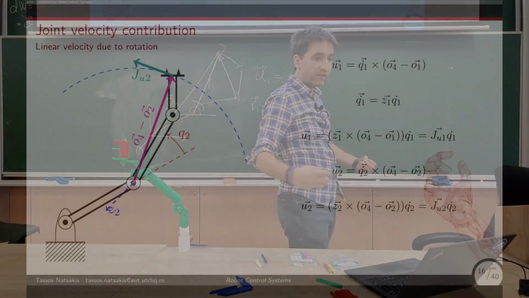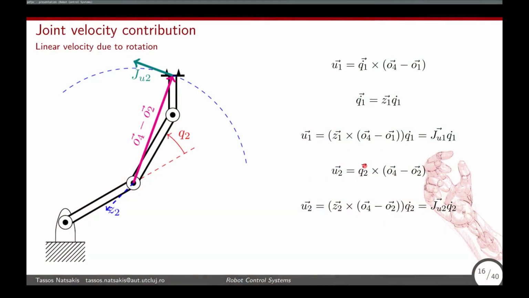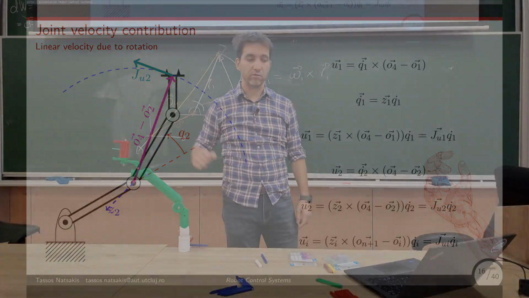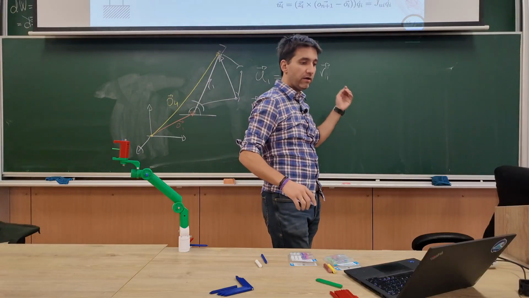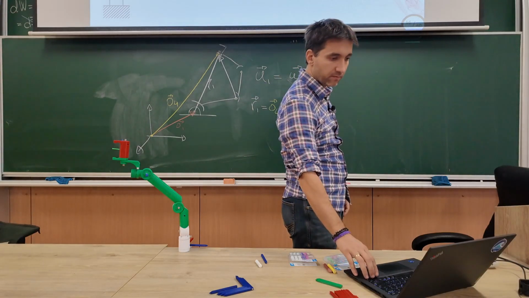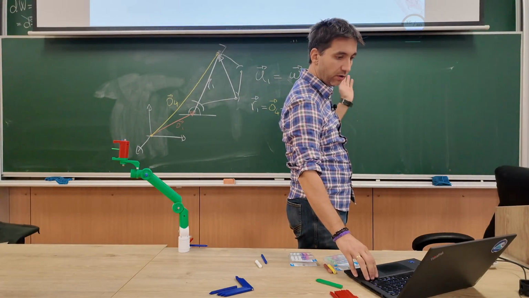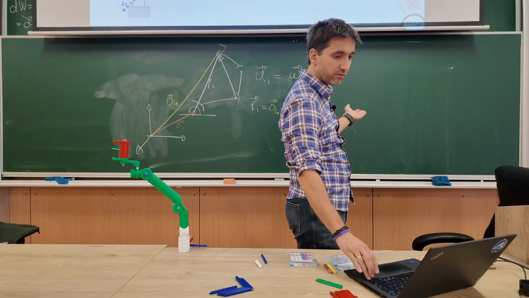Again, this can be rewritten as: q dot 2 vector is z2 vector times the magnitude q dot 2. And obviously I can do this for any joint. So this gives me the linear velocity of the end effector due to revolute joints. And we saw how we calculate for prismatic joints.